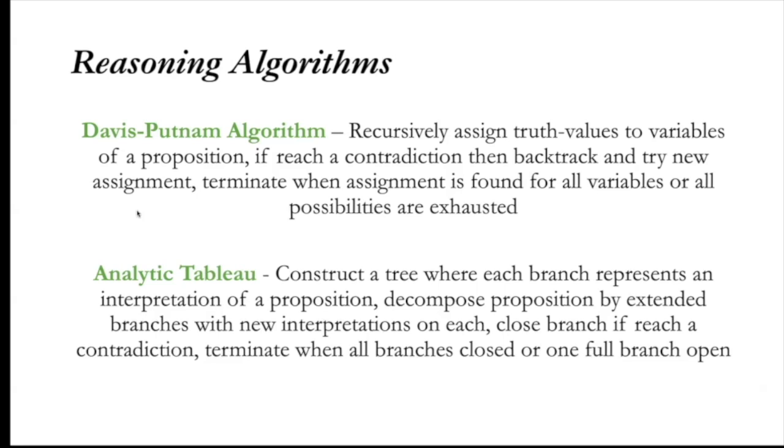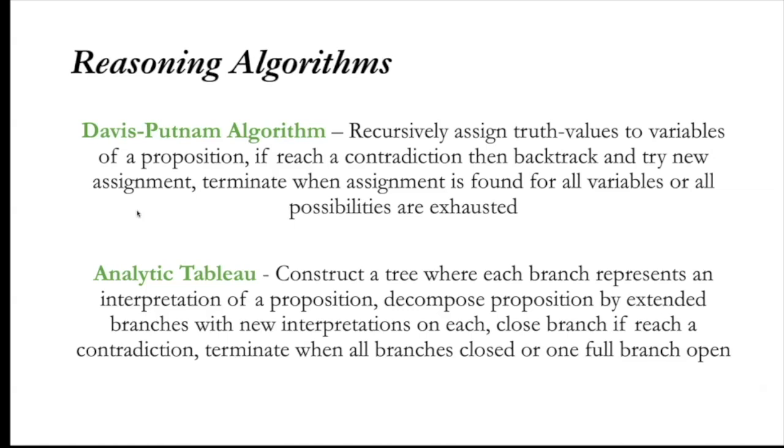Now, these are in contrast to analytic Tableau reasoning algorithms, which are the ones we'll focus on, because those are how the DL reasoning systems work. You construct a tree where each branch represents some interpretation of a proposition. Then you decompose that proposition into its smallest parts, in the interest of trying to either find a contradiction along the tree, or exhaust all the rules you have at your disposal to decompose the tree, so you have an open branch.